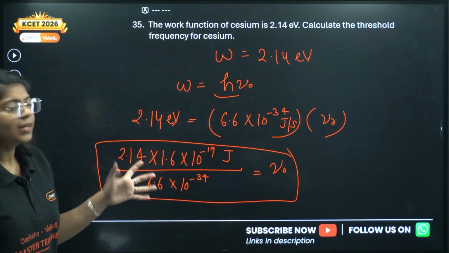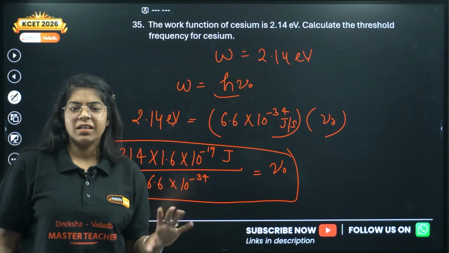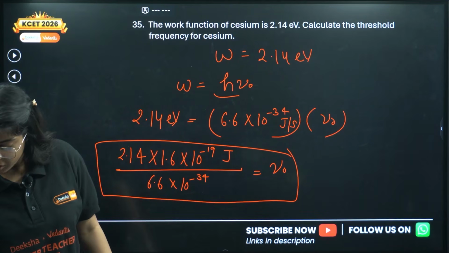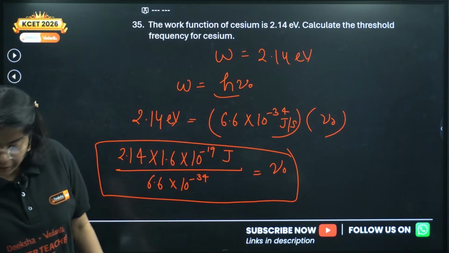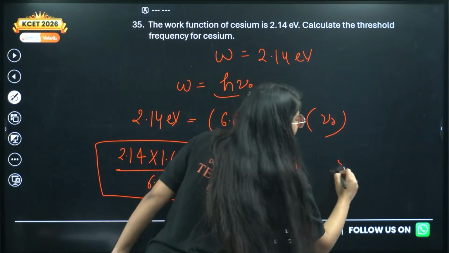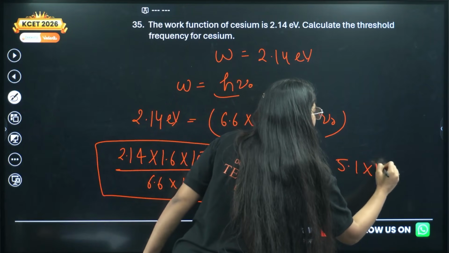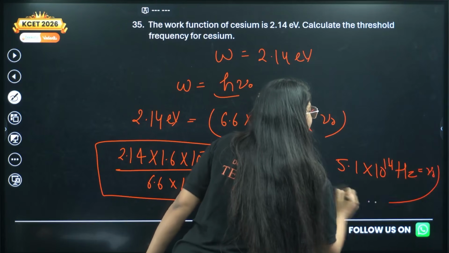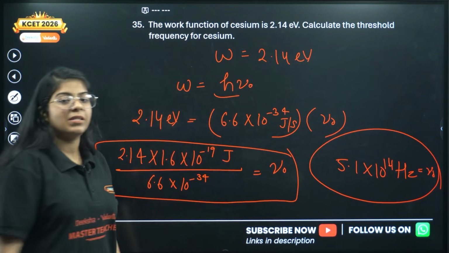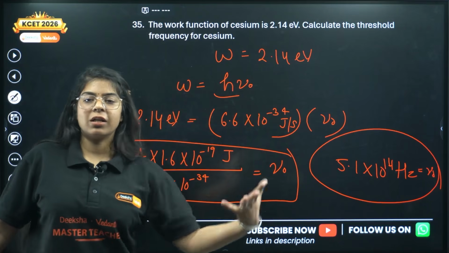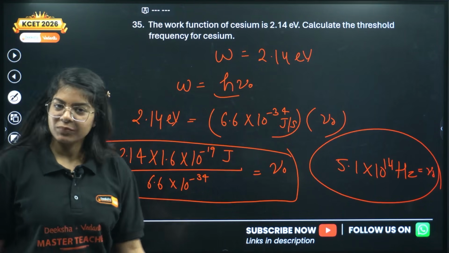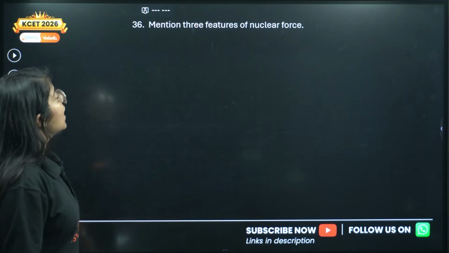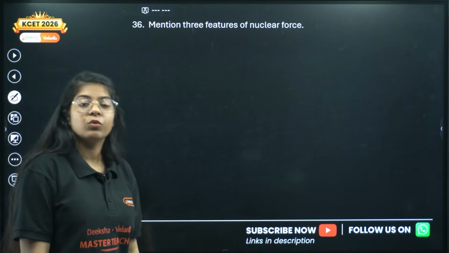I think you will get something around 5.1 times 10 raised to power 14 hertz as your threshold frequency. More than this frequency, you will be able to eject electrons out of cesium. Correct?